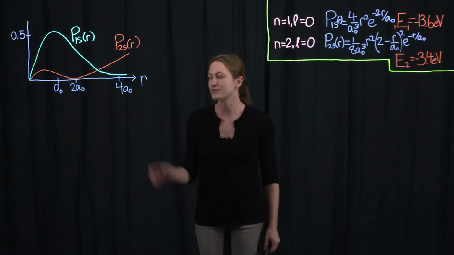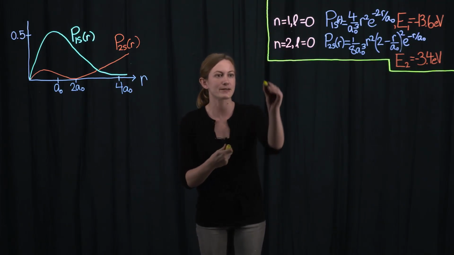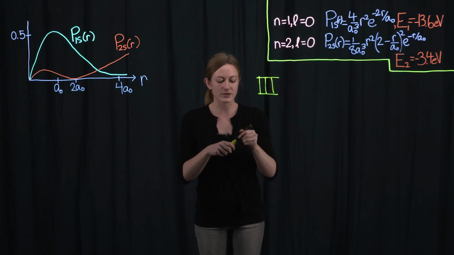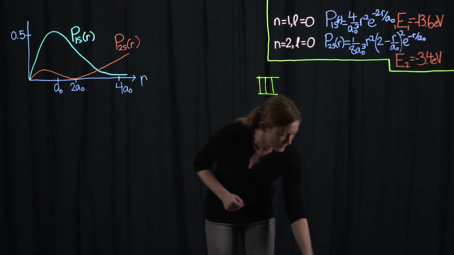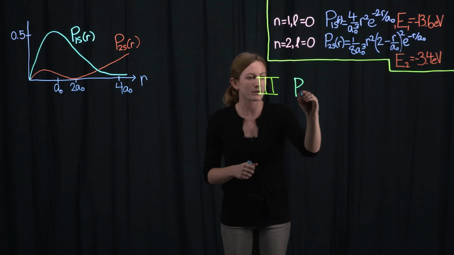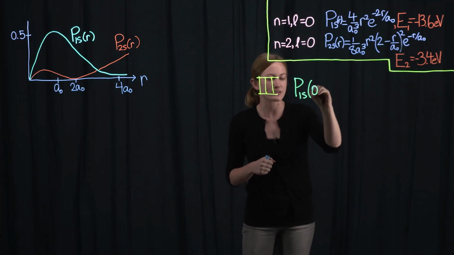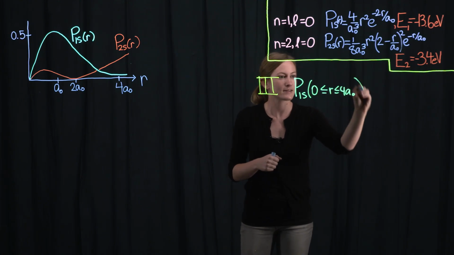For part 3, I've drawn a plot of the probability densities over here to help us visualize what's going on. We can compute the probability that the electron in either of these states will be within a radius of 4 a naught. So we'll call that P1s, that the electron is within 4 a naught.